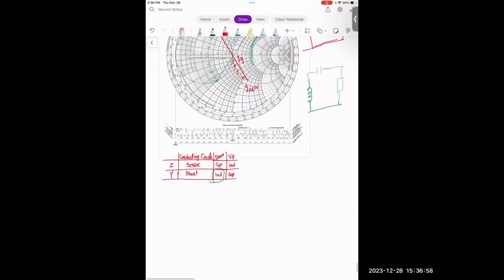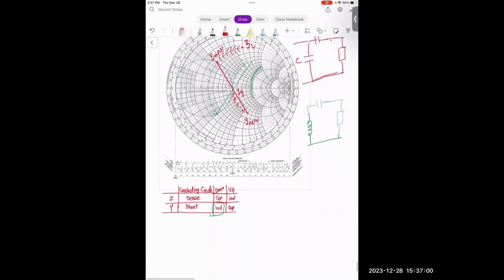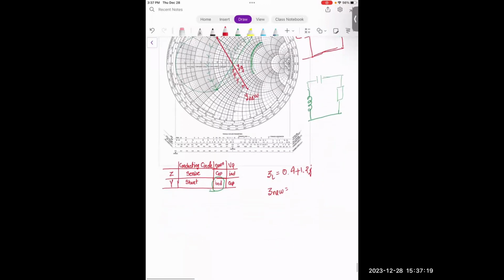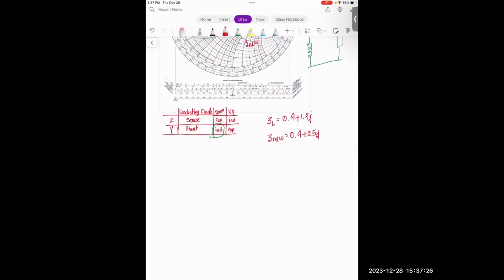If we want to find out, suppose the Z load value is 0.4 plus 1 plus 2j, and Z new is 0.4 plus 0.15j. Similarly, we do Z equals Z new minus Z load.